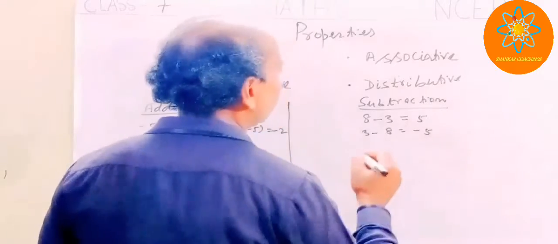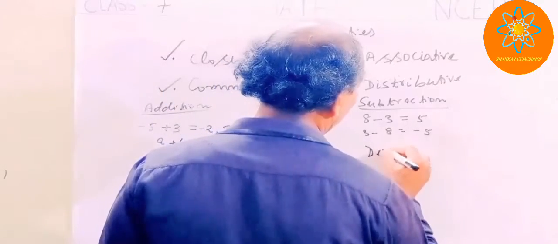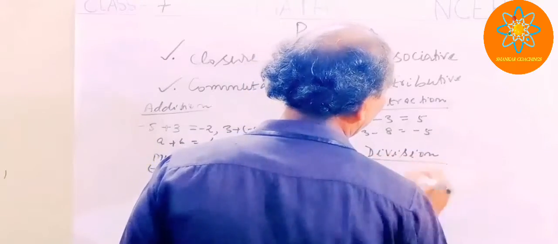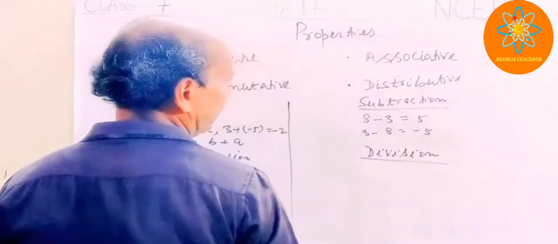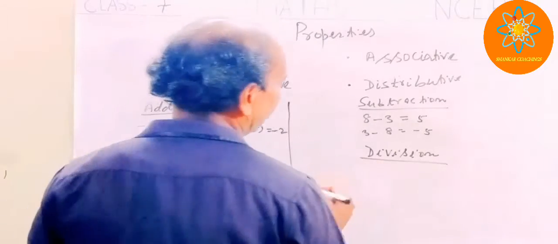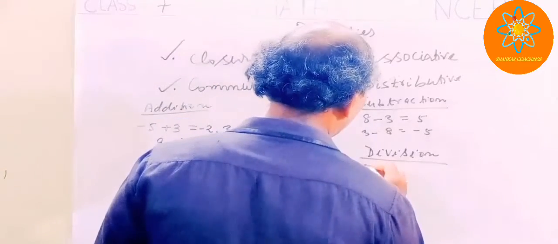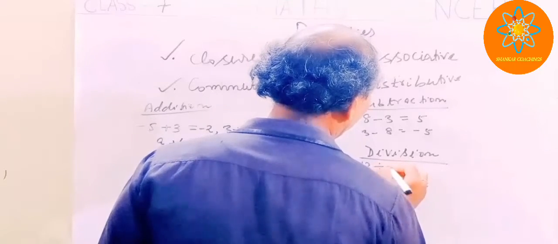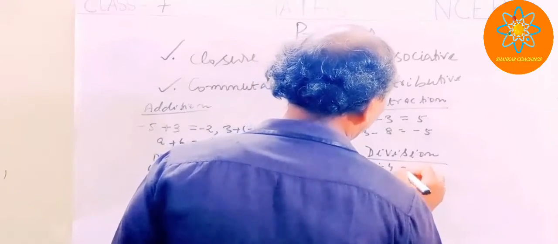Now the last one is the case of division. I want to check whether it is true or not for the division case. Let's suppose I have the number 12 divided by 4. I am getting 3.